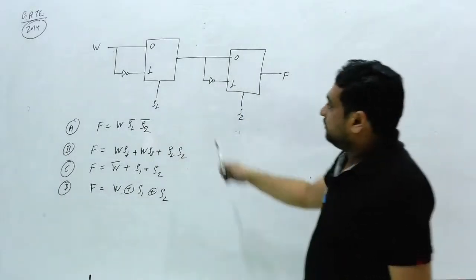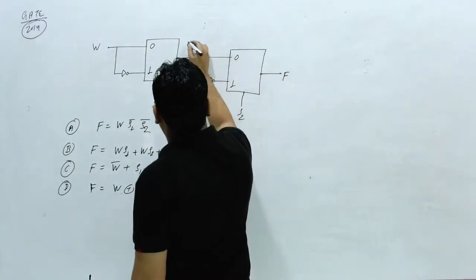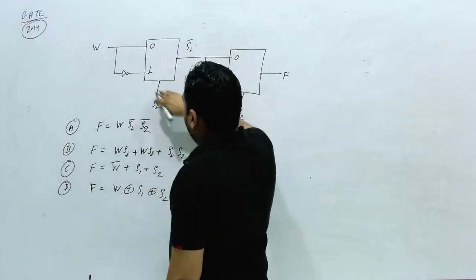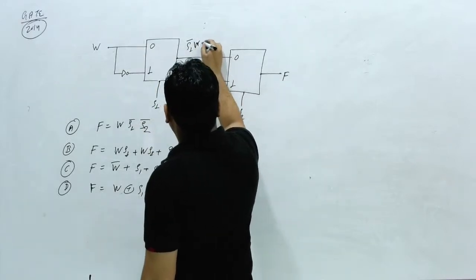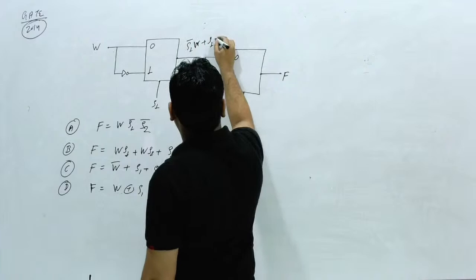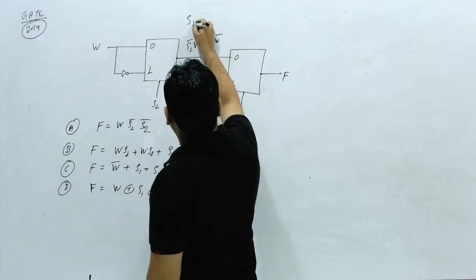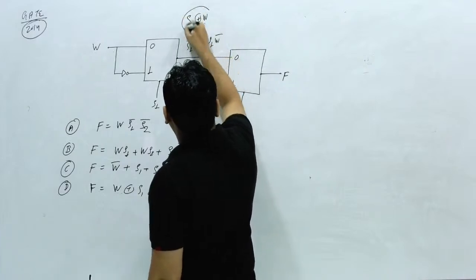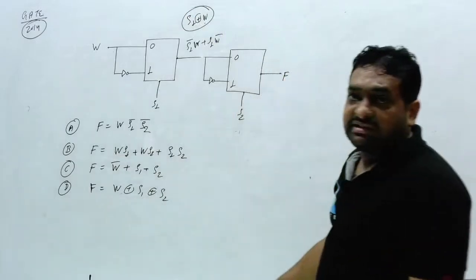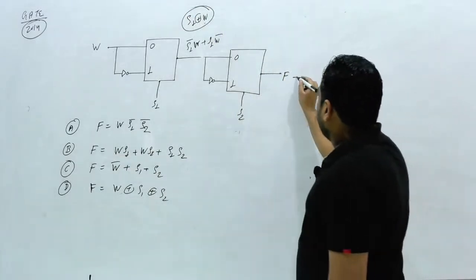So you can easily solve it. What will be the first output? This is S1 bar into W plus S1 into W bar. What can you say? This is nothing but S1 XOR W. What will be this output function?